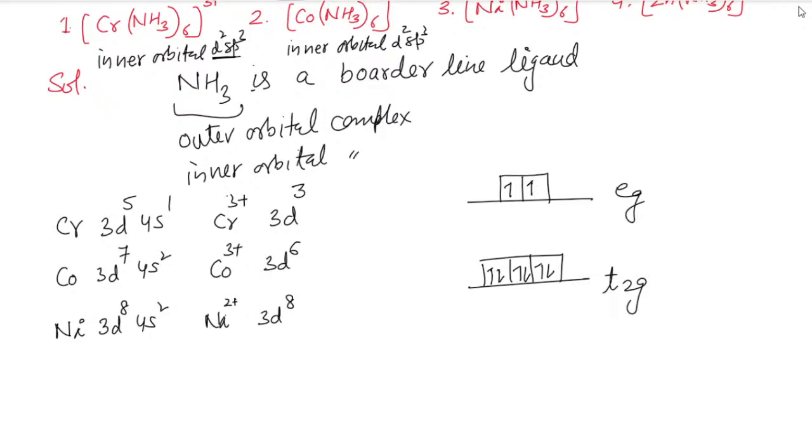Anyhow, it can never form d2sp3 hybridization because 2 d orbitals are not vacant at the same time. So obviously it is an outer orbital complex. Hybridization becomes sp3d2 and these 2 electrons remain unpaired. So it is the right option.